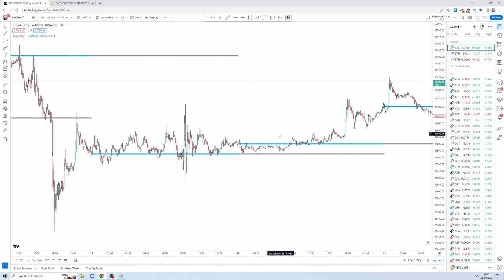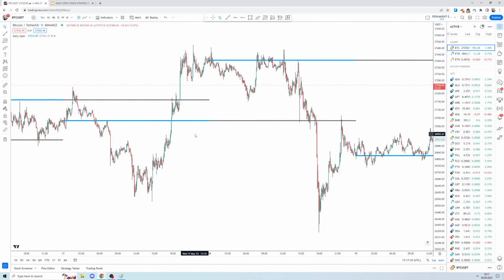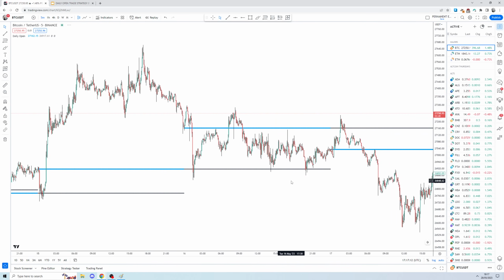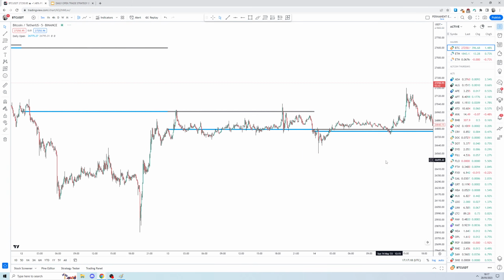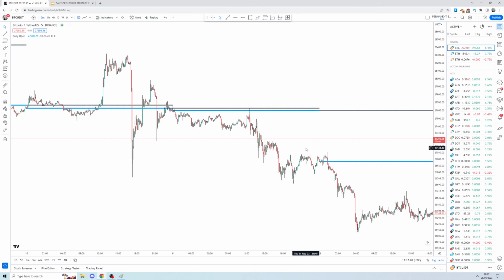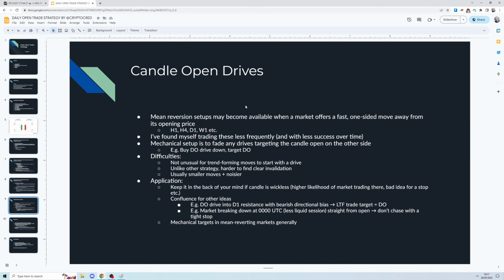You'll be able to quite easily identify a good daily open drive if you see one, but a lot of the time the market just opens and doesn't move enough to make the mean reversion likely, or it immediately chops both sides of the daily open, and the idea doesn't really go anywhere. There are a lot of messy examples here, so that's something to bear in mind.